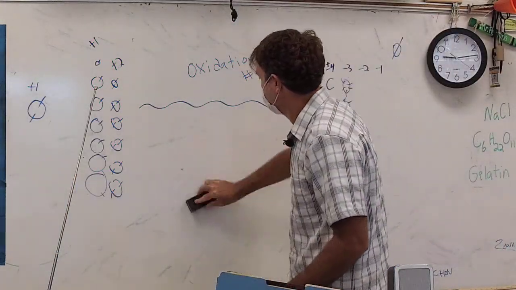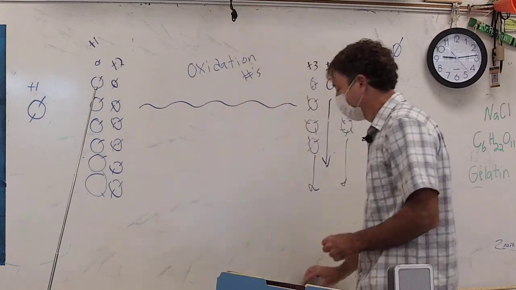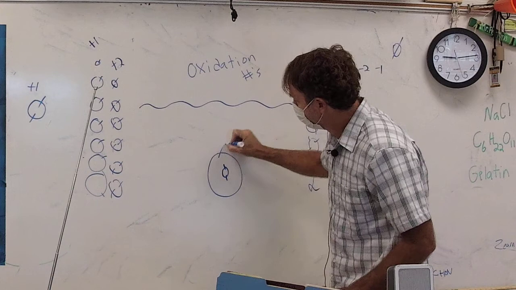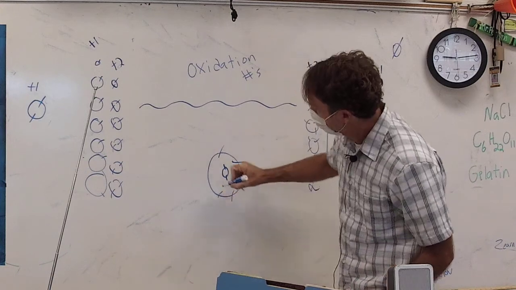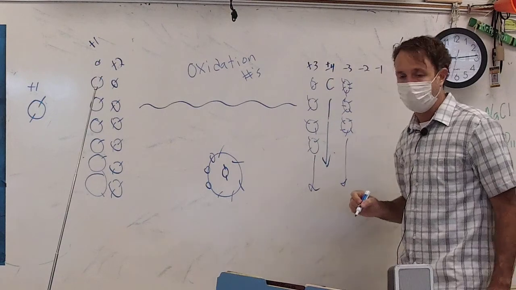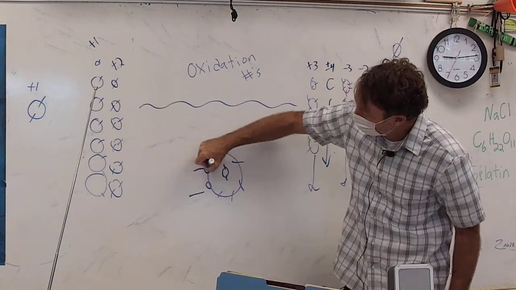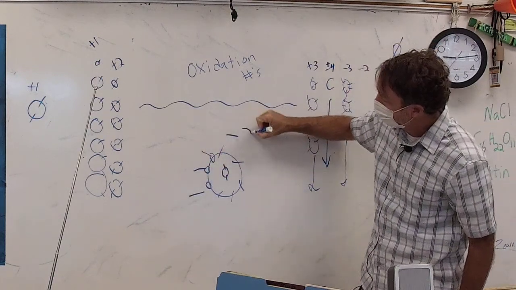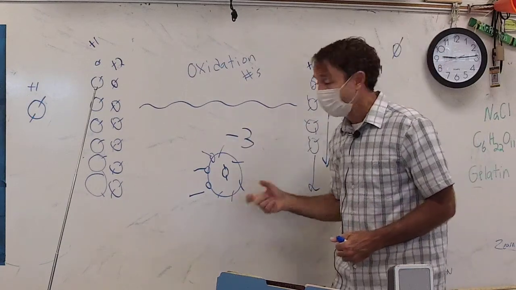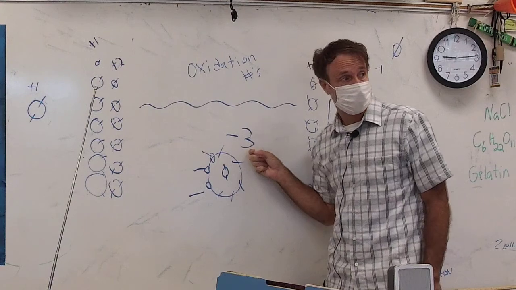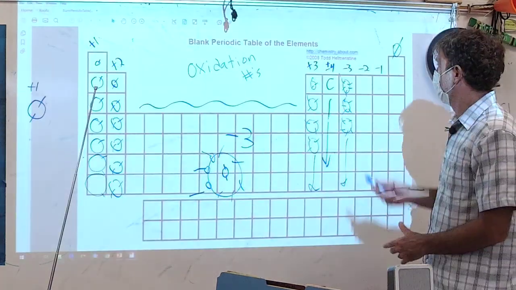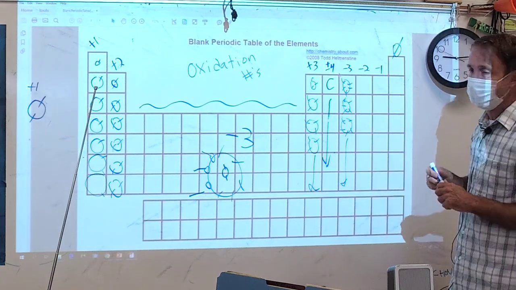Let's take a look right here at nitrogen. 1, 2, 3, 4, 5. It only needs how many more electrons to be full? 3. So when it gains 3 more electrons, it has a charge of -3. That's its oxidation number. When it bonds, that's what ends up happening to it. Does that make sense to everyone? So everybody in this group is -3.